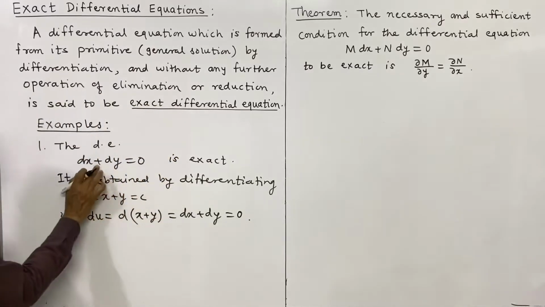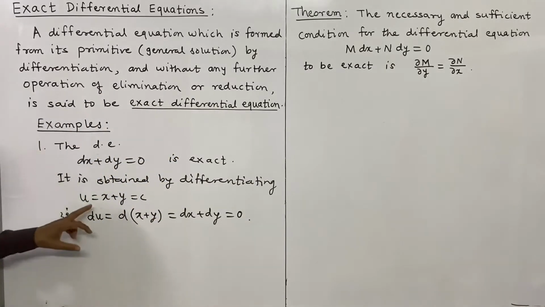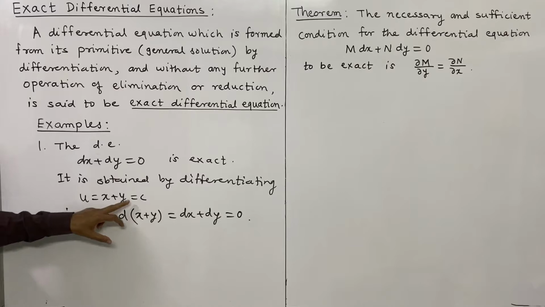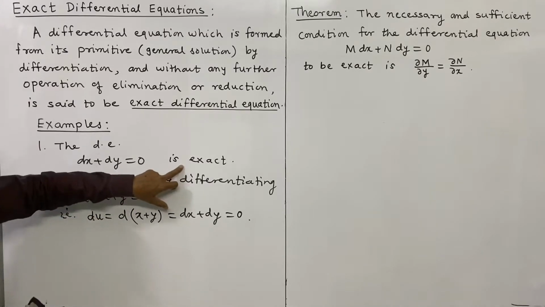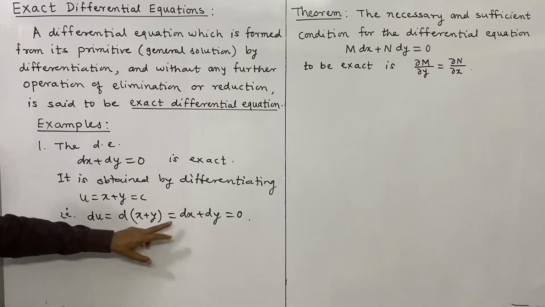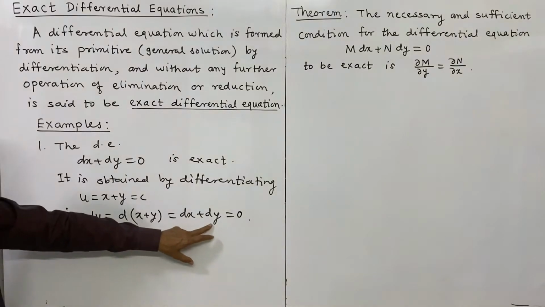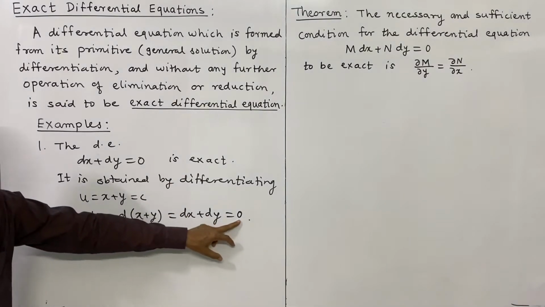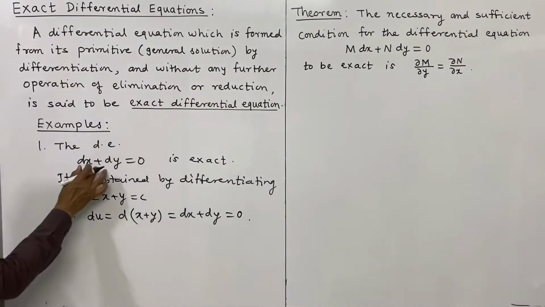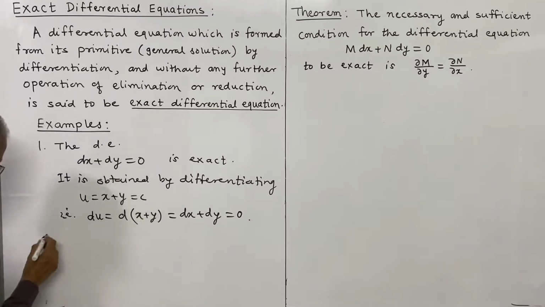So this is the equation that we have obtained by differentiating x plus y is equal to c, and therefore this differential equation is exact. So d of x plus y is equal to dx plus dy, and the right side is a constant, therefore its derivative is 0. So this is an example of an exact differential equation.